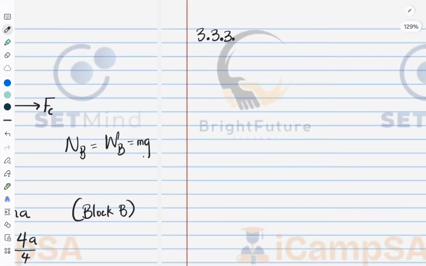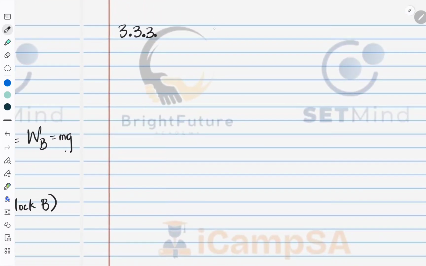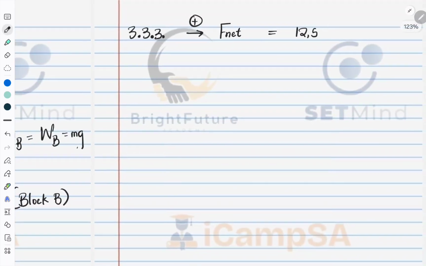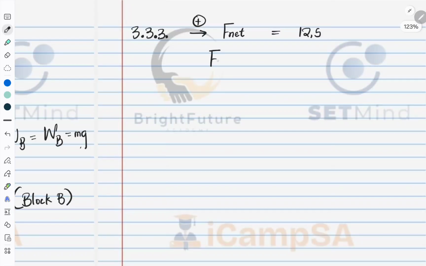Right, so now you have this. We know that for block B, Fnet is equal to 12.5. If we take right as positive, as dictated by the question, we will have Fc, which is going to the right, plus minus our Fk, which is going to the left, because Fk opposes the direction of motion.